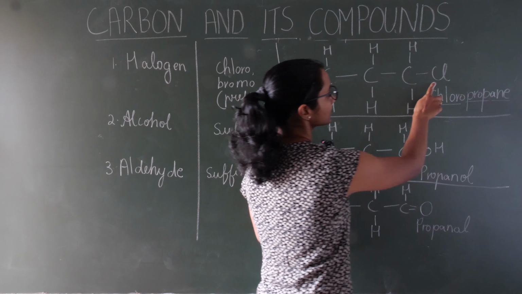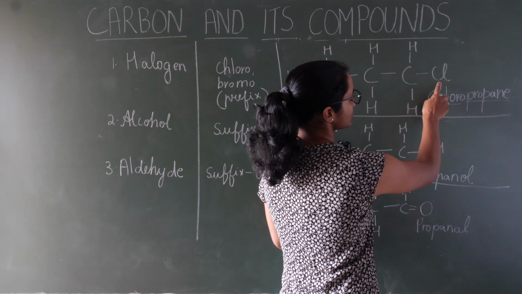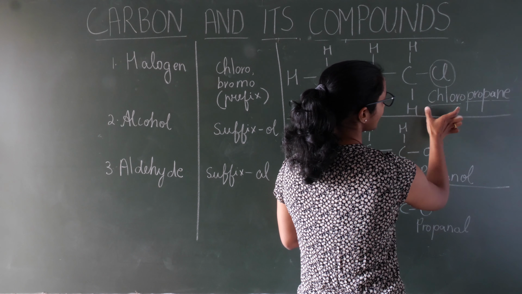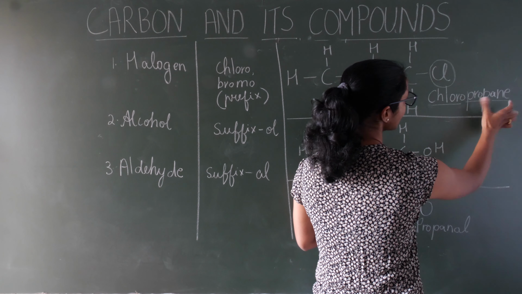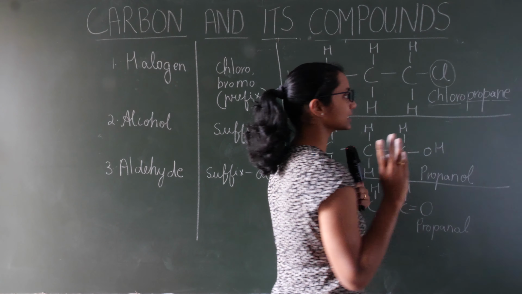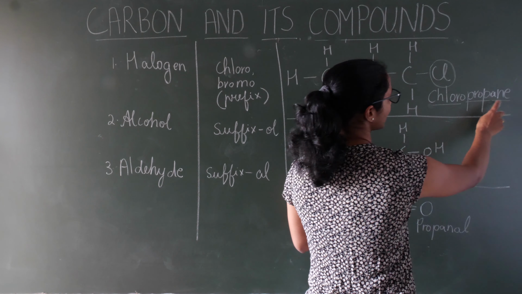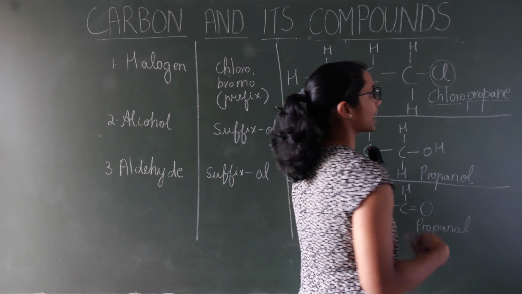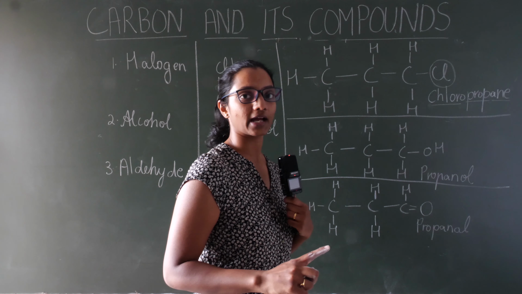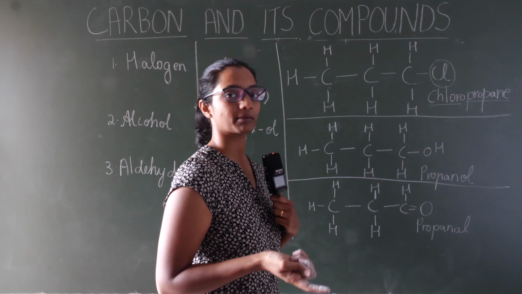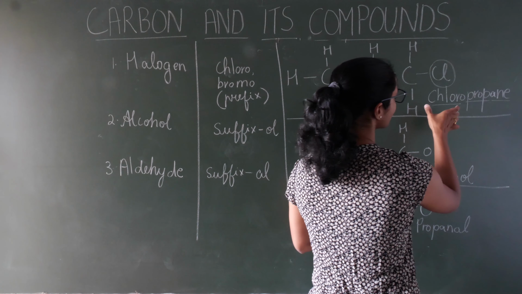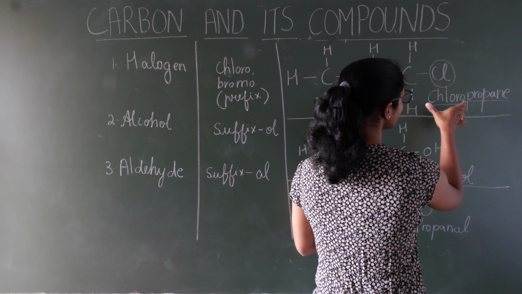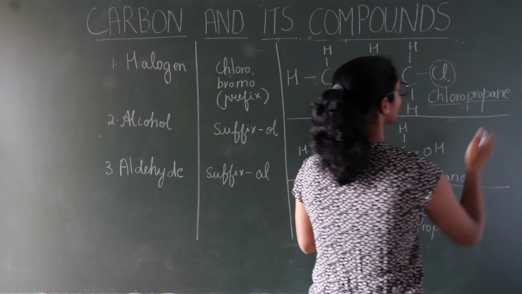You can see here there is no hydrogen, the functional group is attached. So prefix it before the word propane: prop, 3 carbon atoms, ane is saturated, alkane, alkyne, alkenes, remember? So propane, prefix it, chloro, it's chloropropane.